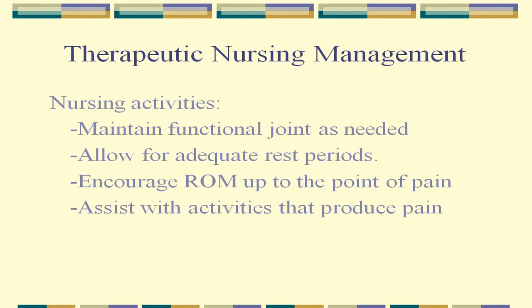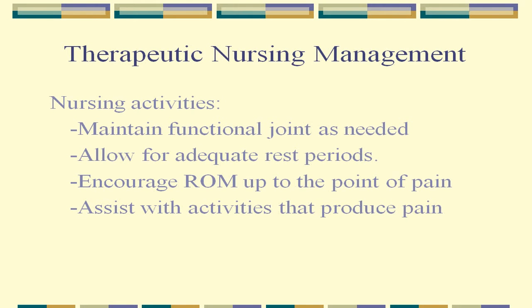We want to assist the patient with activities that produce pain. If I don't assist this patient with their bath, and we know that it hurts them, they may not take a bath. If it irritates them when they brush their teeth and we don't provide any assistance, they may not brush them. Okay? So we want to provide assistance for activities that produce pain.